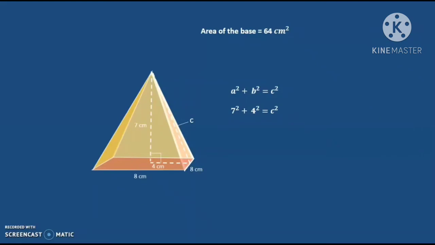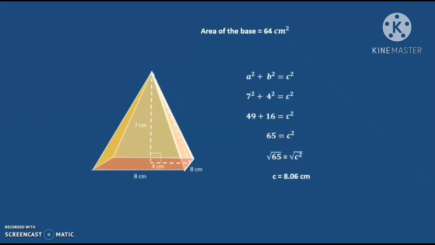If we simplify this, we get 49 plus 16 equals c squared, and this is 65 equals c squared. We can square root both sides and we get roughly 8.06 equals c. Therefore, the height of the lateral face is roughly 8.06 cm.